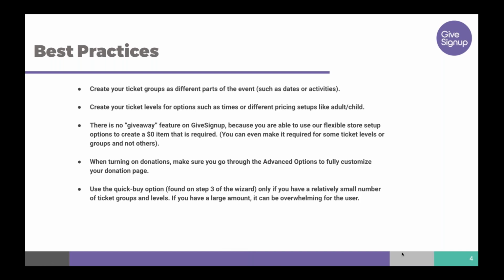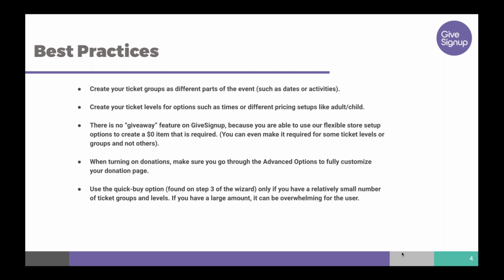So if you have multiple dates, multiple activities, like a spaghetti dinner and a hayride in the same event, you could make a ticket group for each of those 2 things. Your ticket levels are options like times or maybe different pricing setups, like I did the adult and child with the dinner.